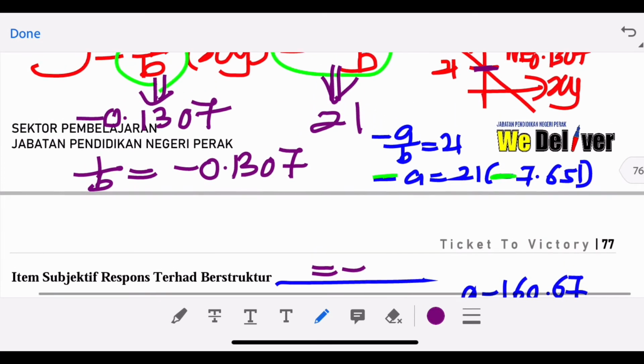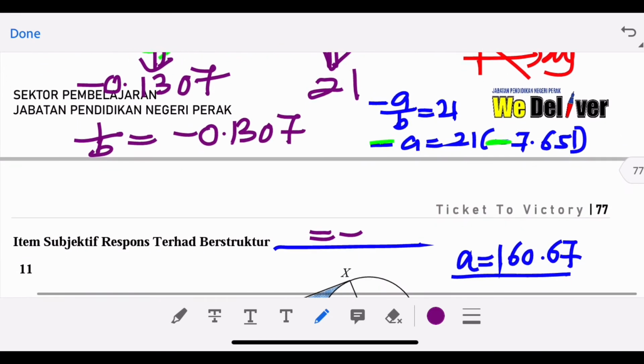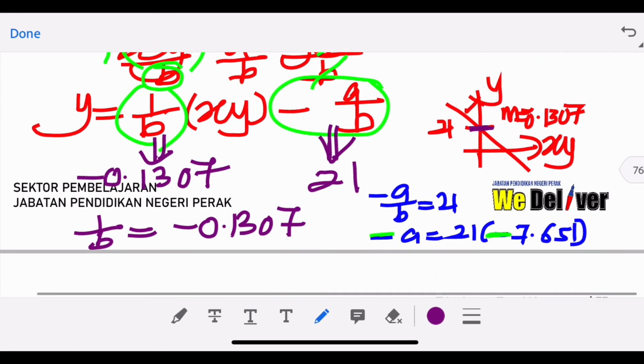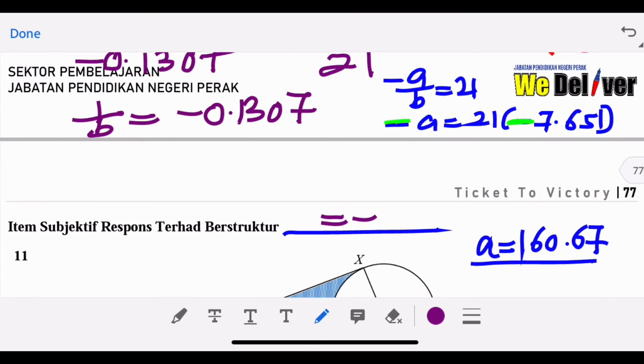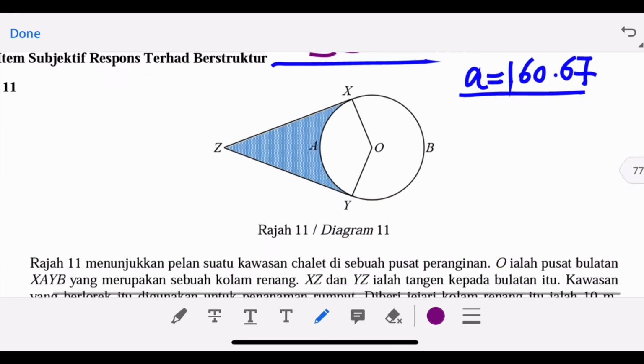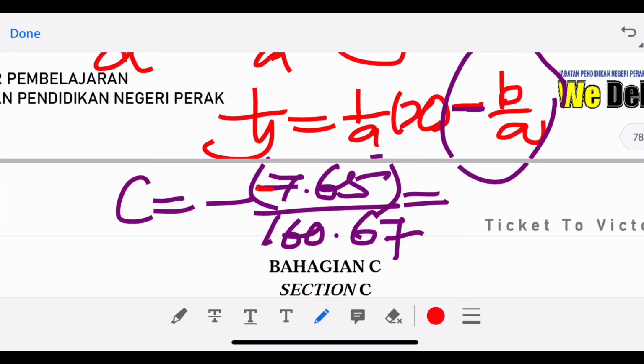Our b, okay, 1 over b, negative 7.65, right? So there is a negative 7.65. This is negative. Okay, so we have 7.65 divided by 160.67. So we get the answer, which is 0.0476.